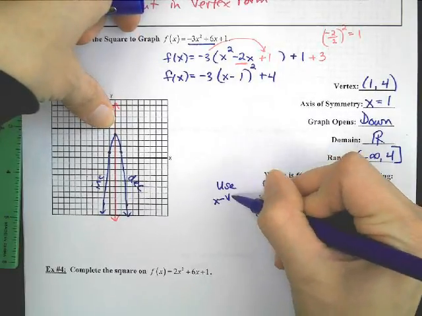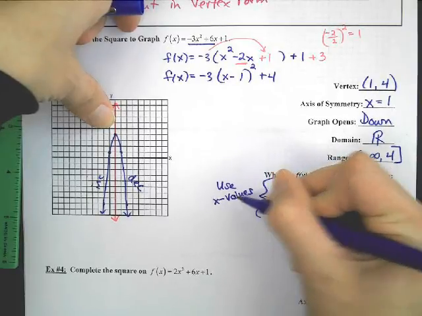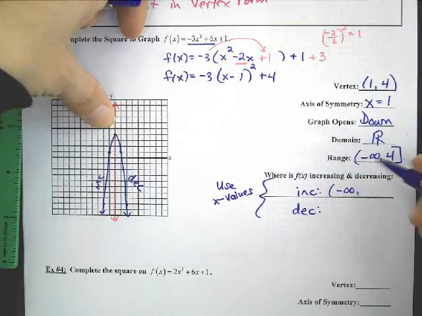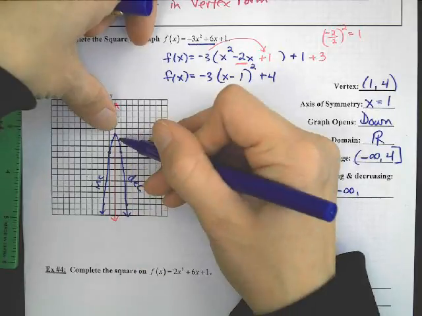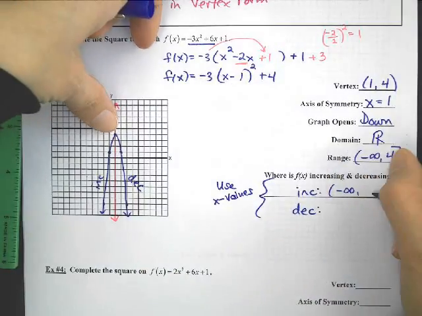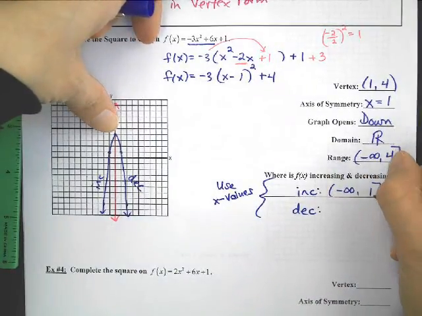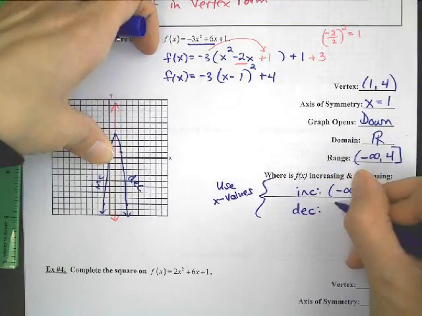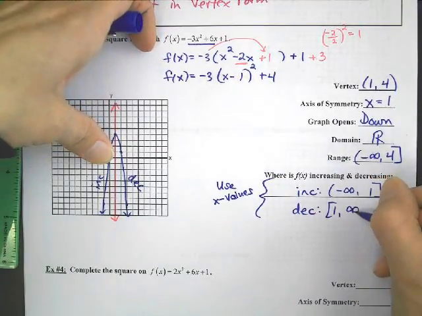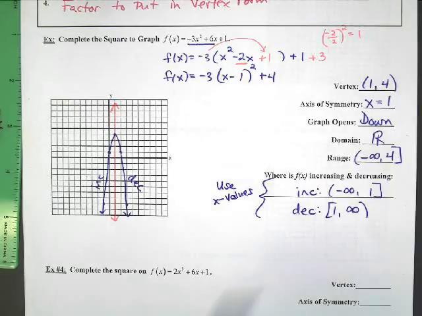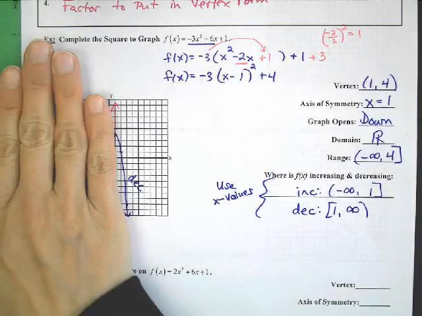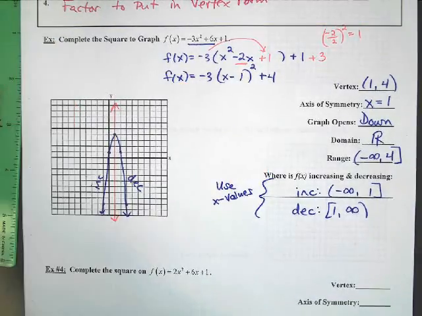Use x values. You state where the graph is increasing. At what x value does the graph go up? All the way to 1, I'll use brackets, and then starting at x value of 1, brackets, to infinity. It's like domain, but only the part for increasing, only the part for where it goes down.